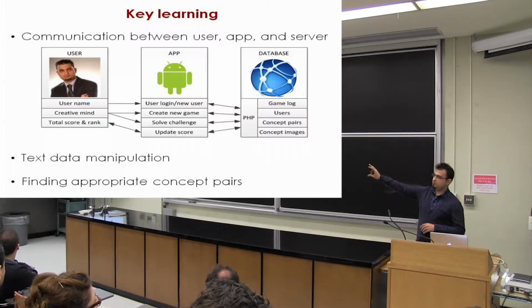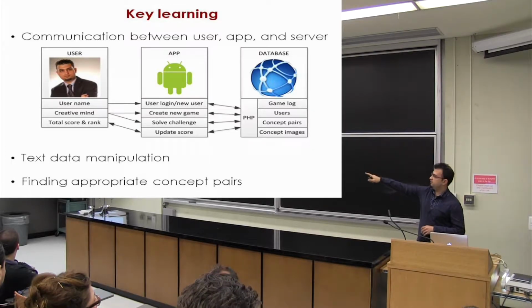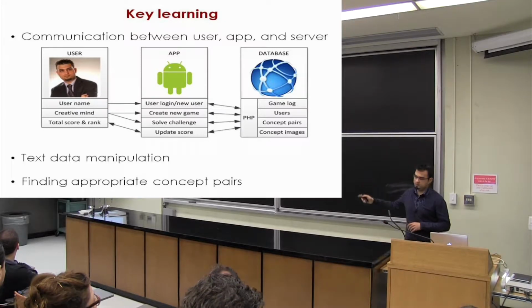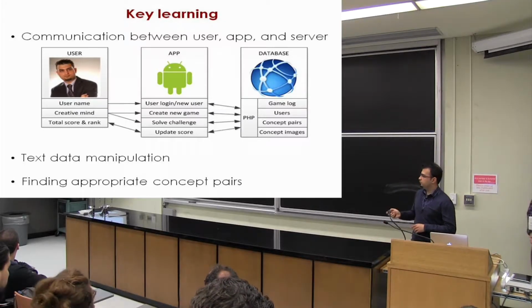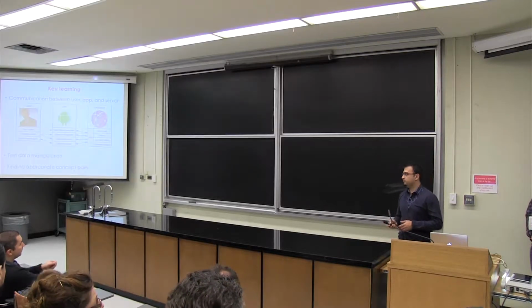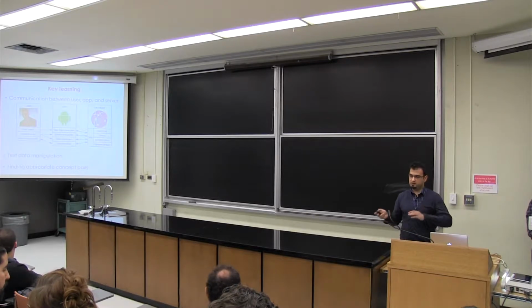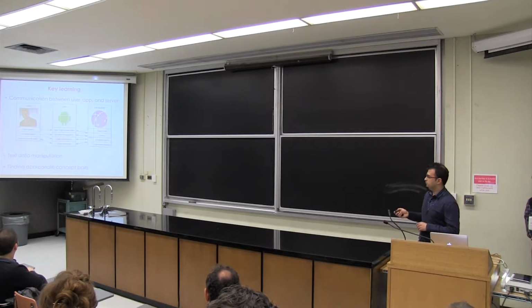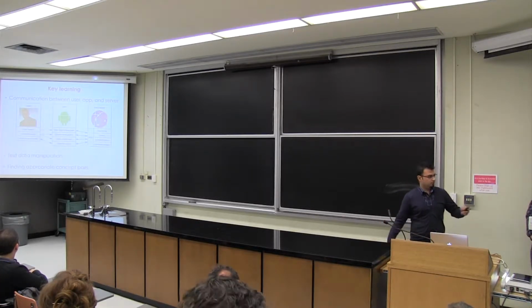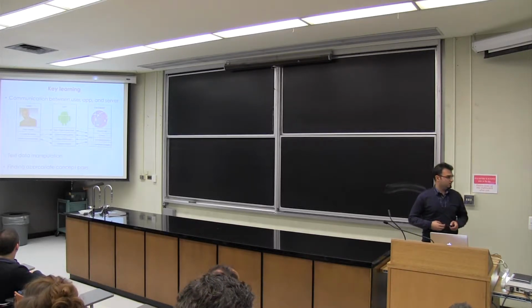Basically the app reads and writes data onto the site, facilitated through the PHP scripts that we put in. There was a lot of data manipulation to properly get the games across both users. And lastly, for the app, concept pair generation was it.